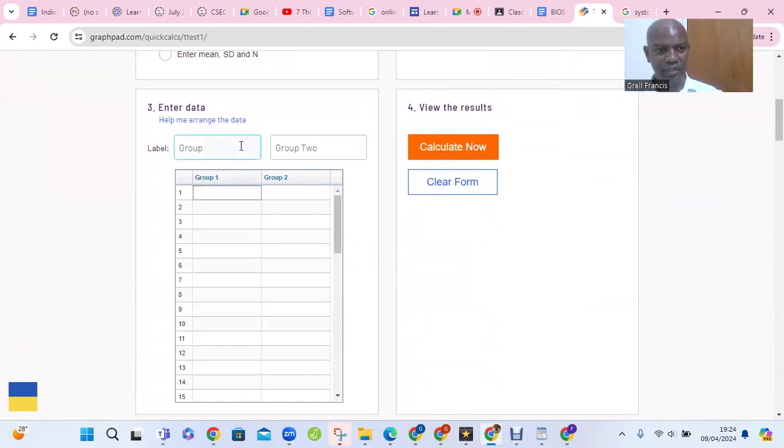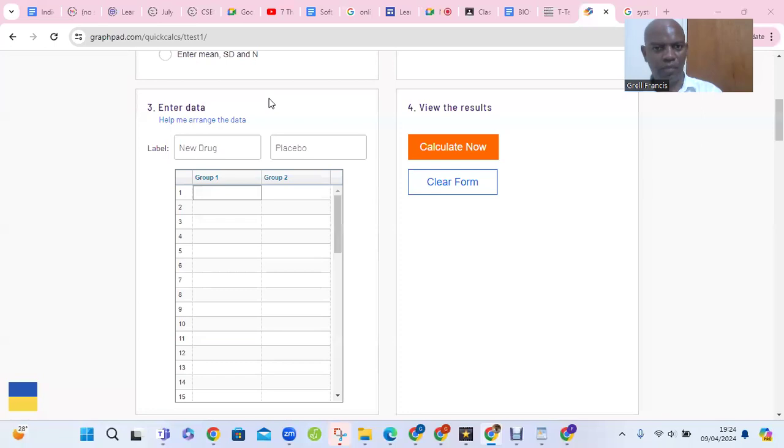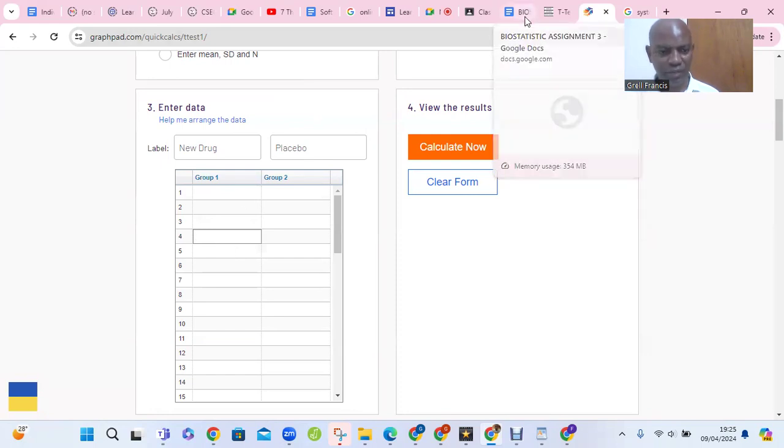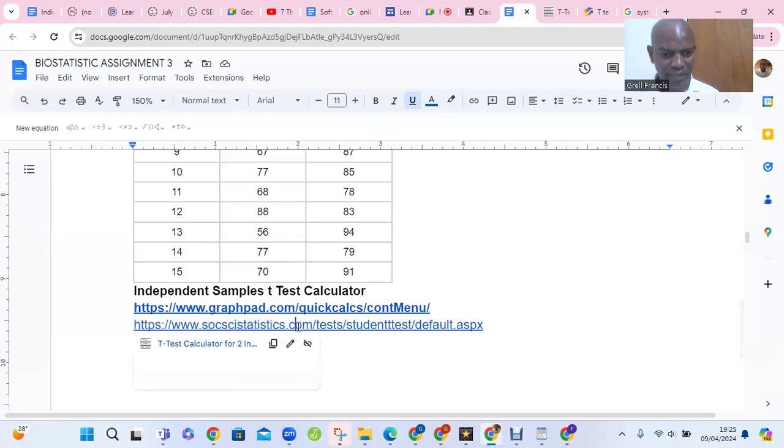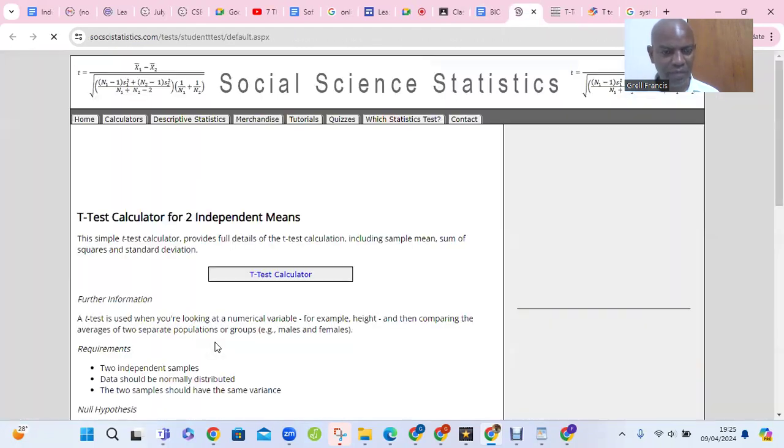Group 1 is for the new drug, and group 2 is for the placebo. I realize I'll have to type in each value into these tables. So let us look at another calculator that can facilitate our endeavor.